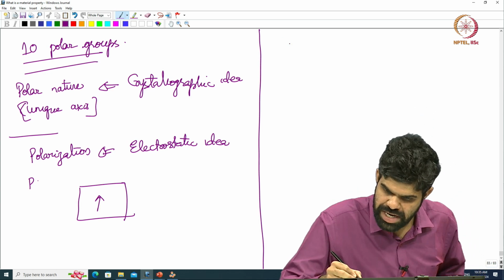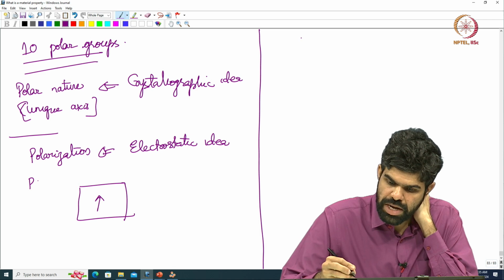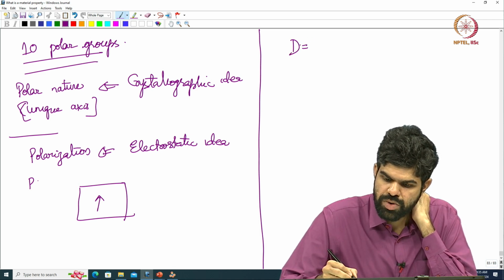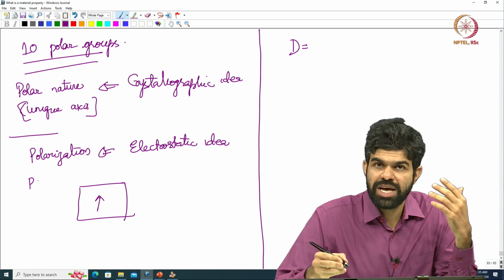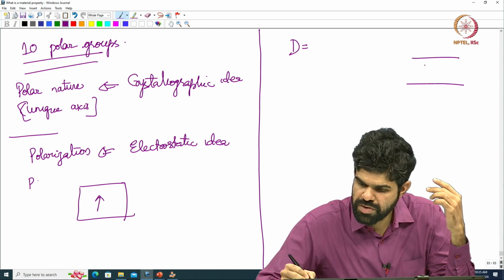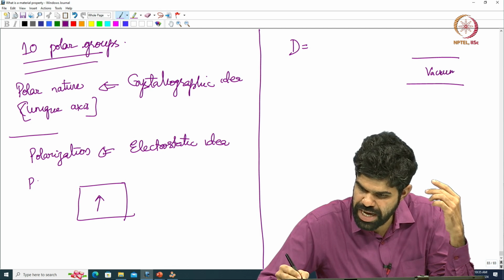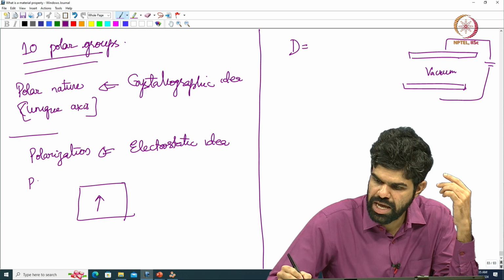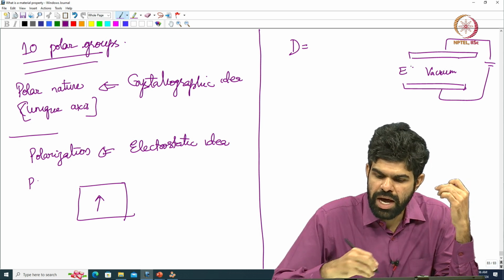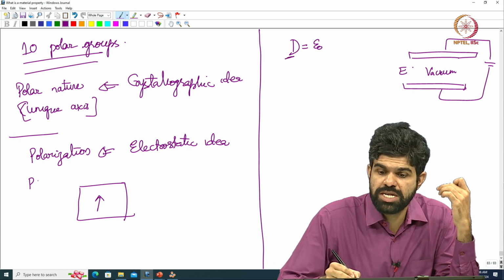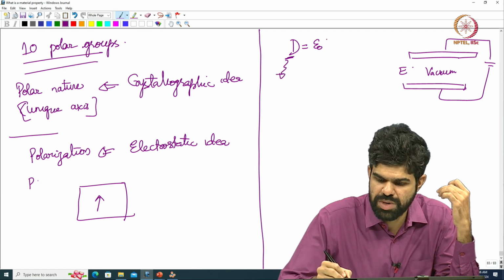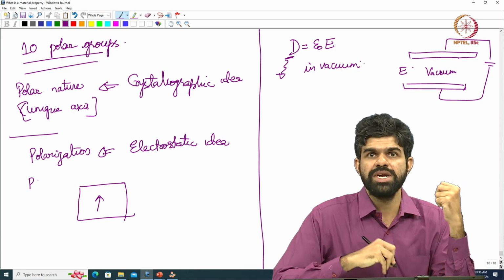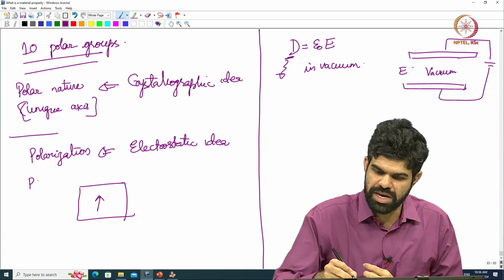We have said that the displacement, in vacuum, so if I have a dielectric in vacuum, so this is vacuum, sorry, if vacuum is my dielectric and these are my parallel plates, I apply an electric field E. Then I create charges or charge density which is given as displacement, which is epsilon naught E. This is in vacuum. I think we did this in one of the first classes.